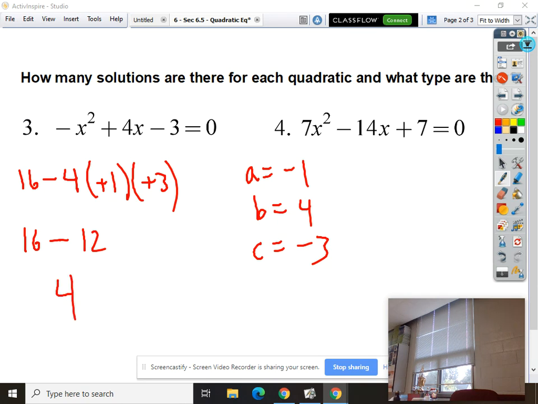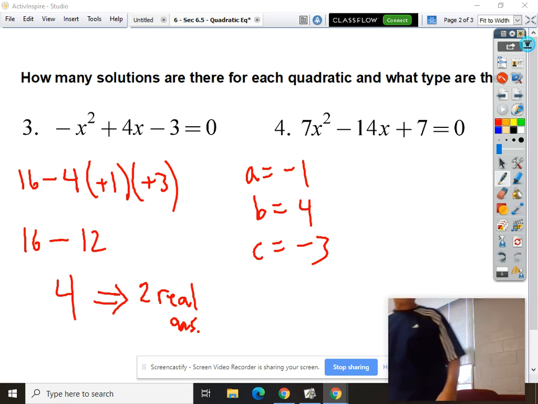By the way, my discriminant is not the square root of 4. My discriminant is 4. The discriminant is the number under the root sign, not counting the root sign. It's just the number underneath. So since my discriminant is 4, I'm going to have 2 real answers. That's it. That's all we're doing with this problem. I don't even care what the answers are. I just know there's going to be 2 of them, and they're real.